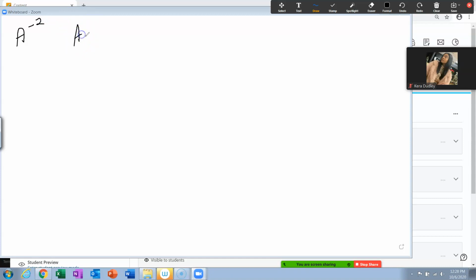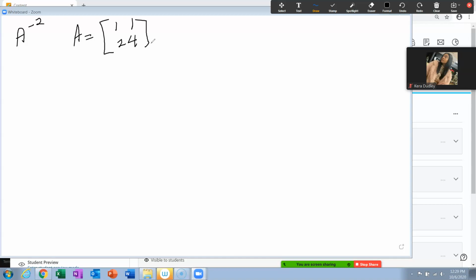Let's first do A. A is 1, 1, 2, 4. By the way, it is invertible. We know that. Okay. Now, 2 ways we can do this. One way is to find the inverse of A and then multiply that by itself.